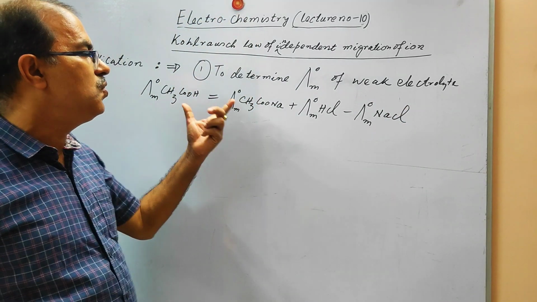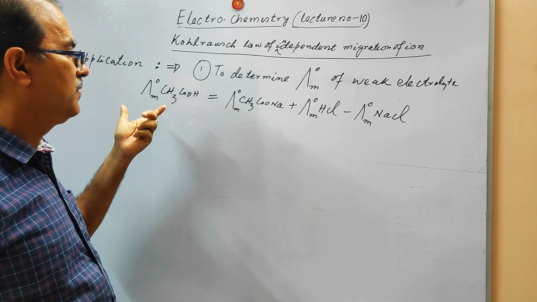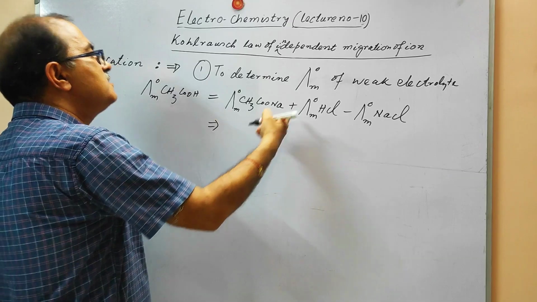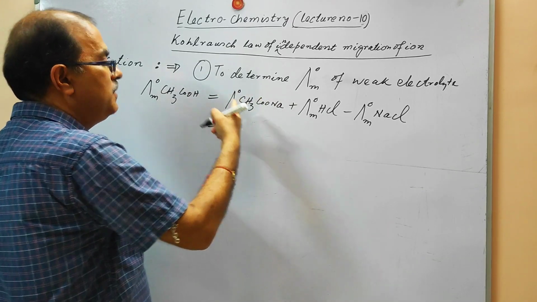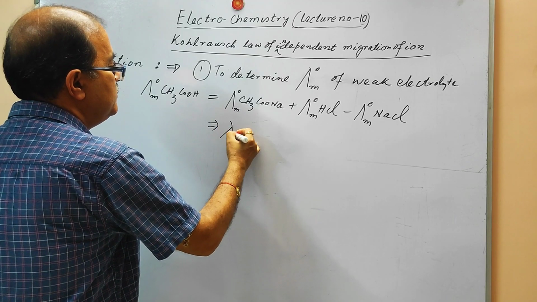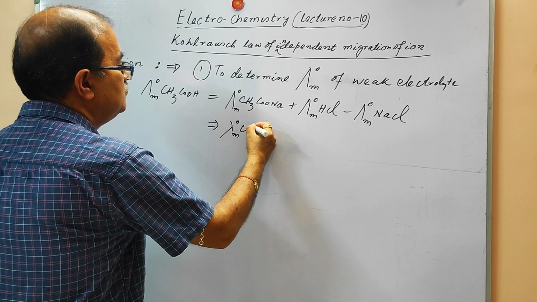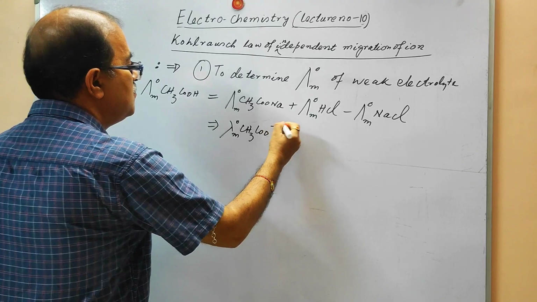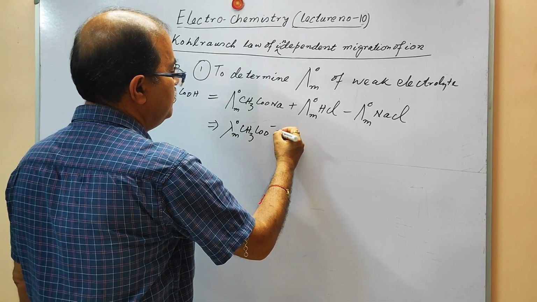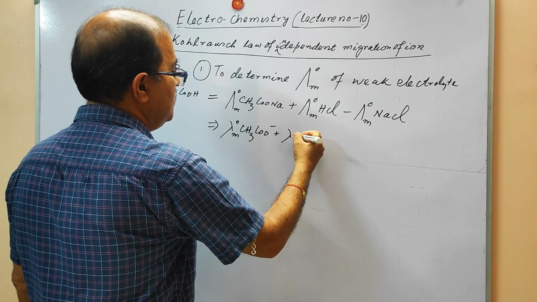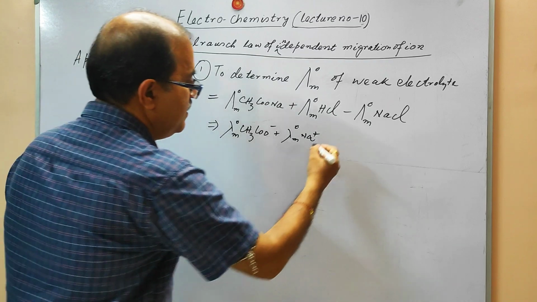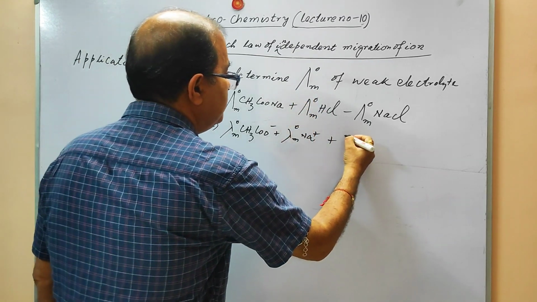So we are able to calculate this. How can we do that? Let us understand in a simpler way. The molar conductivity of sodium acetate at infinite dilution, we can write by applying the Kohlrausch law. Then we can apply this.